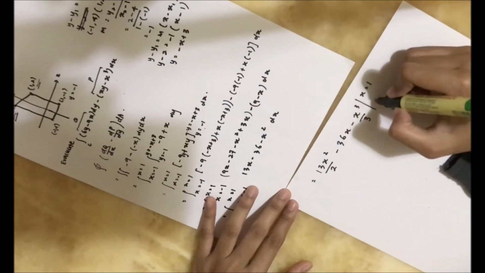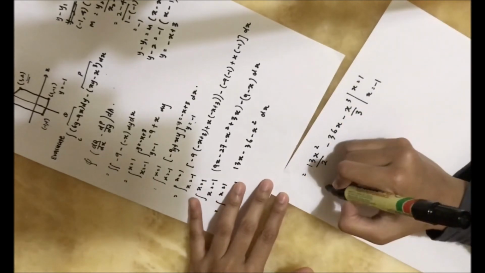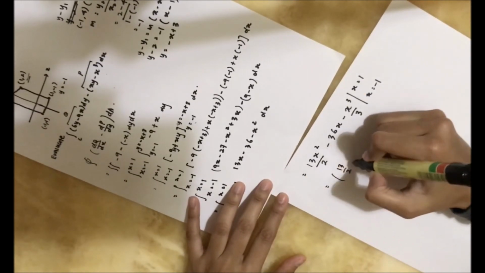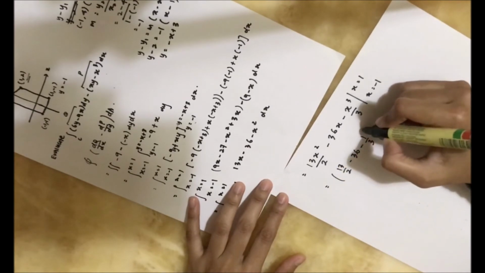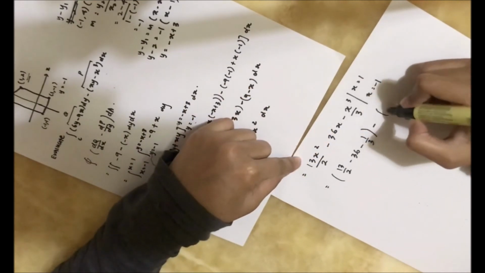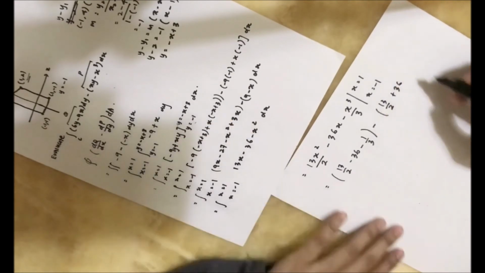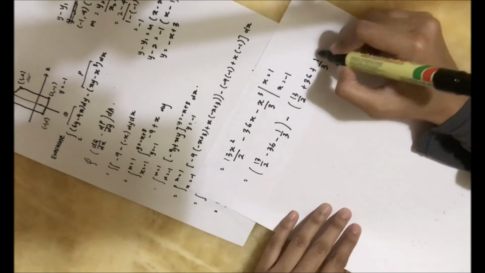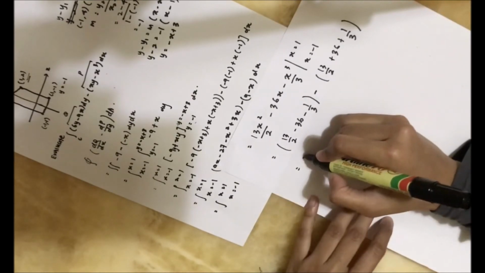The range is x equal to 1 and x equal to -1. Okay, so 13 over 2 minus 36 minus 1 over 3 minus 13 over 2 plus 36 plus 1 over 3.